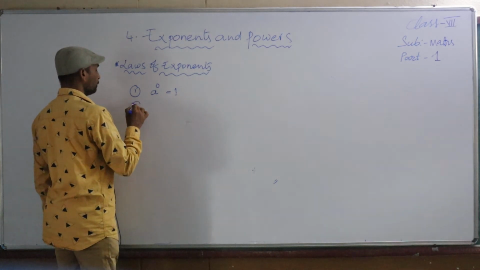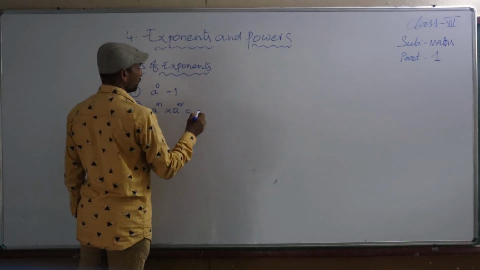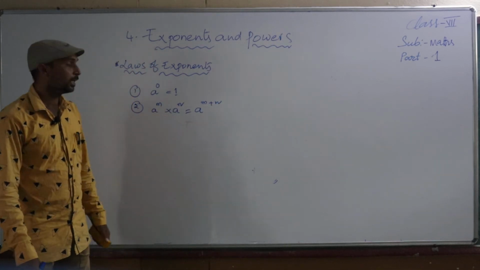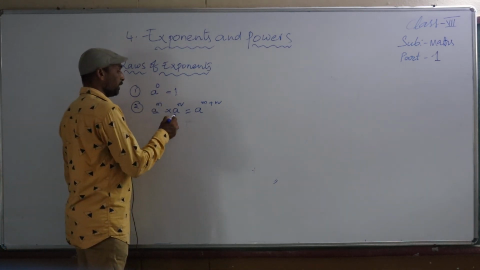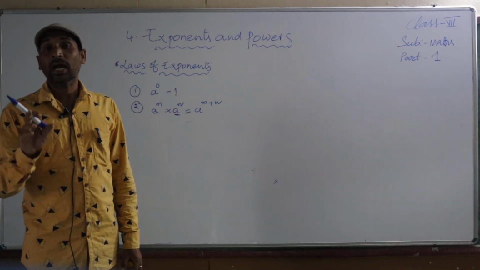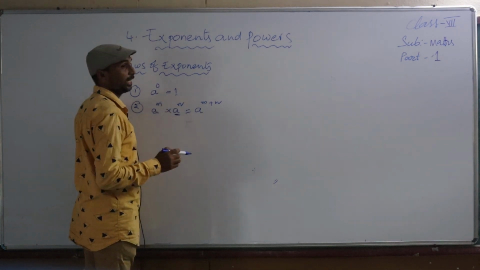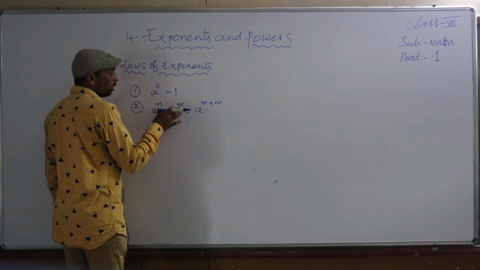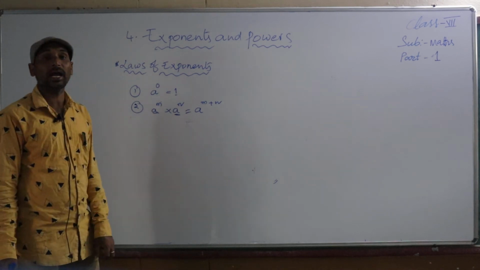Then the second one, a power m into a power n is equal to a power m plus n. Children, very carefully, we have already discussed this in the 7th class. Here the bases are the same and in the middle a multiply symbol is there, then the powers should be added. When we multiply two numbers with the same base, the powers should be added.